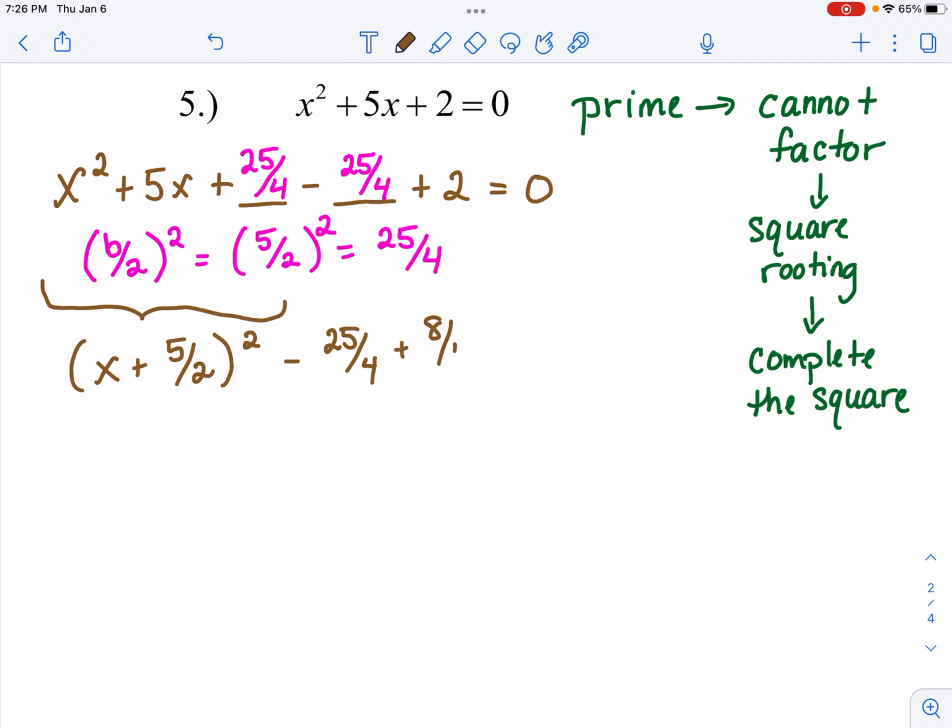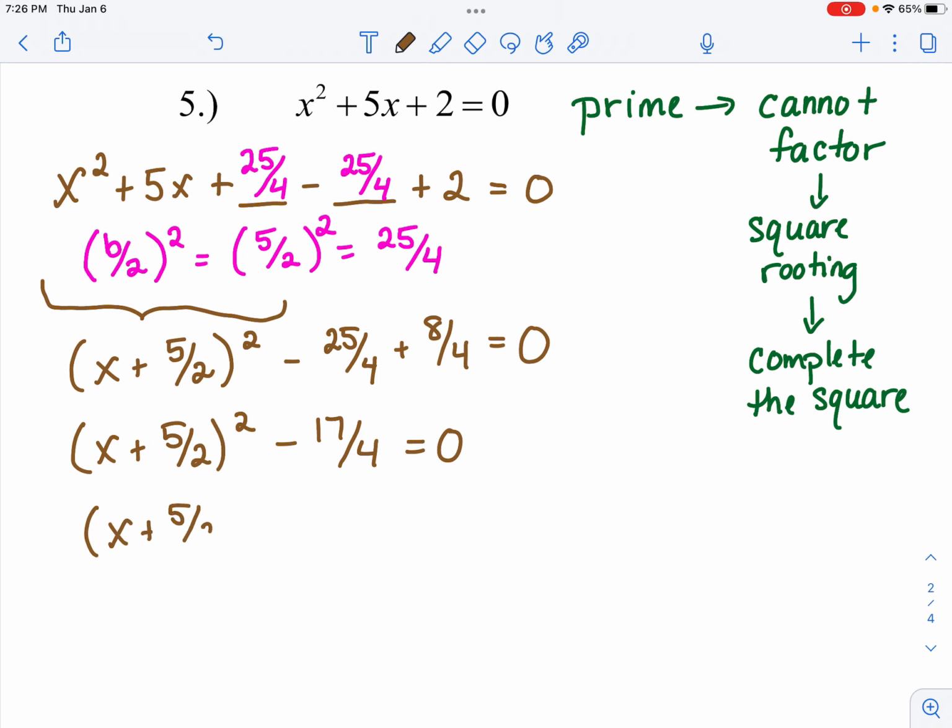I'm going to make that plus 8 over 4, so I have a common denominator, so I can add them together. All right, so now I really have x plus 5 over 2 squared. All right, negative 25 plus 8, that's negative 17. And now I have vertex form. So I can move the 17 over 4 to the other side.